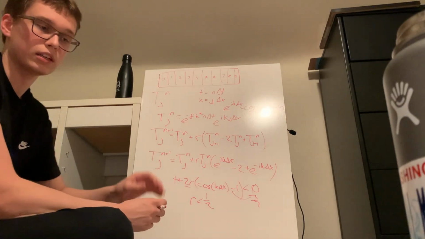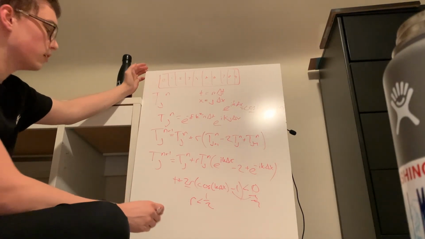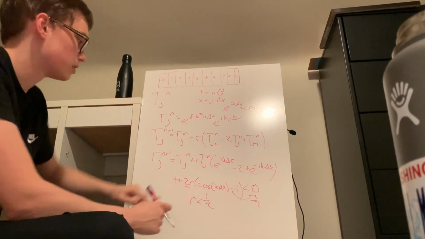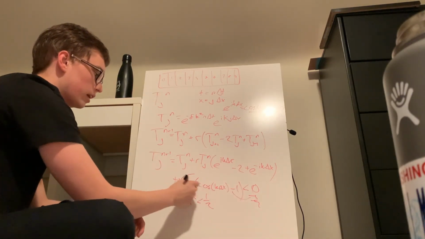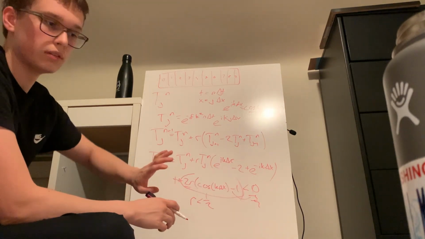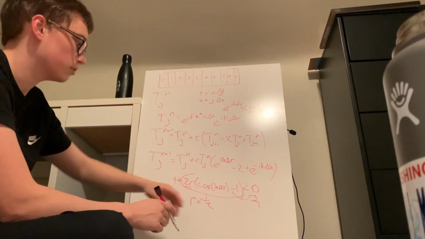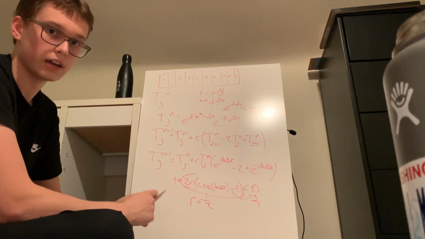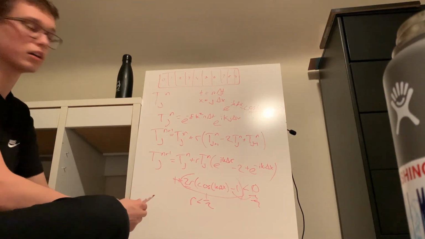And this is basically the proof that our r value has to be less than 1/2, or else this term right here that I brought down will skyrocket. It'll grow exponentially, and we won't be able to get good values out of our code.